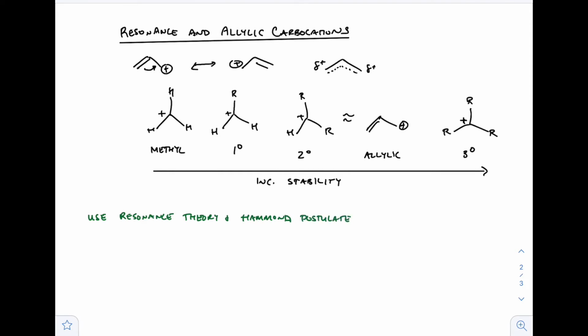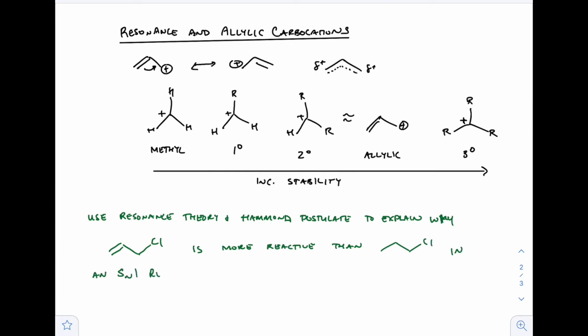So what we want to do for the problem is use resonance theory and the Hammond postulate to explain why this allylic halide is more reactive than its saturated counterpart, this chloropropane, in an SN1 reaction.